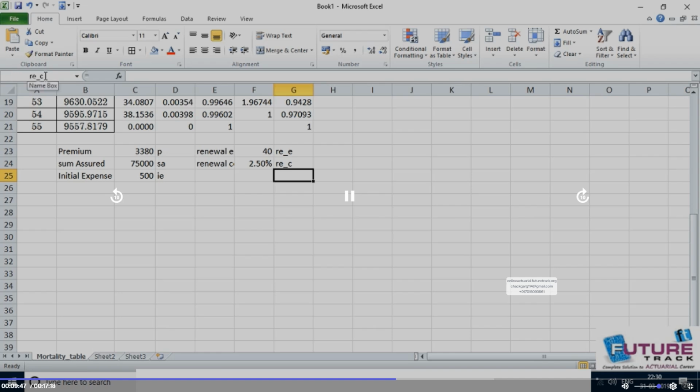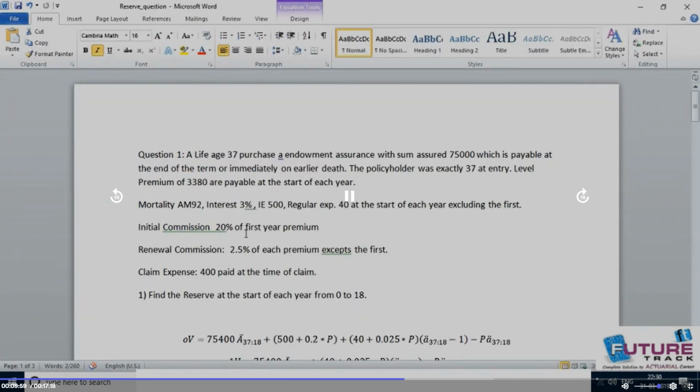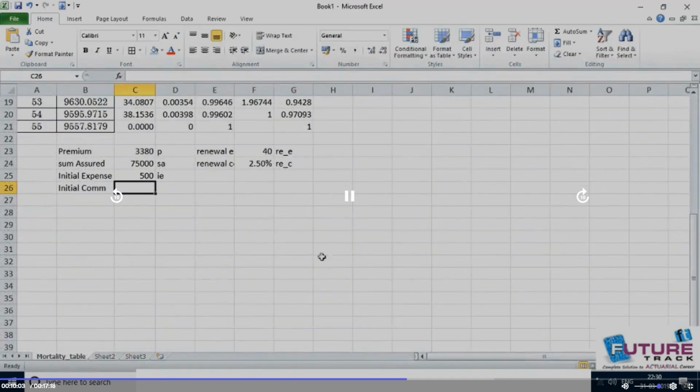Then we have initial commission also. Let me check what the initial commission is. Initial commission is 20%.